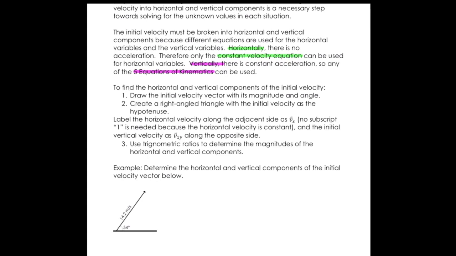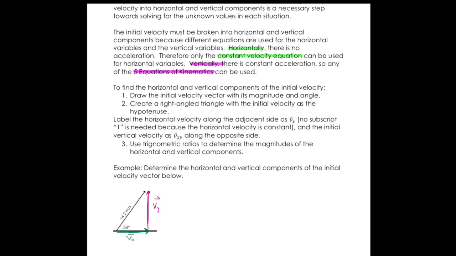And so I'm going to go ahead and label my Vx. Here it's kind of hard to see. Here is my Vx, my velocity of the x side, and then my velocity of the y component.